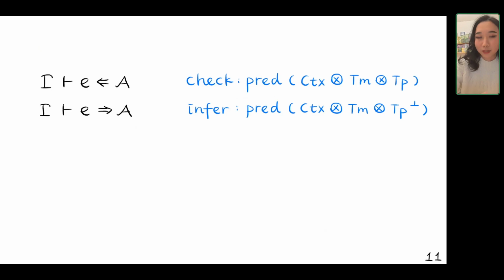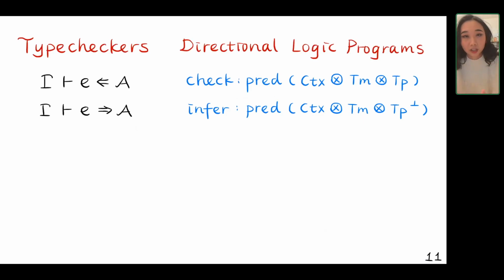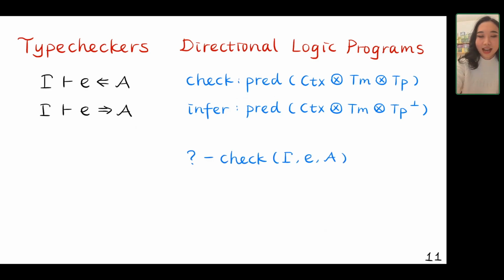Therefore, the bidirectional type system would actually be an actual type checker. This is why we can see type checkers as directional logic programs. To run such a type checker, we're just going to run a query. And as we've seen before, this would trigger a series of proof reductions in classical linear logic.